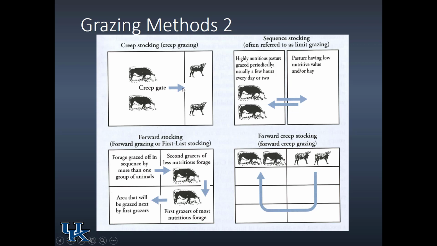So we have some method for the calves or the lambs or kids to go forward into an area, either an area that's planted especially for them, very high quality, while the older animals with lower nutritional needs stay back here and can't get through the creep gate.